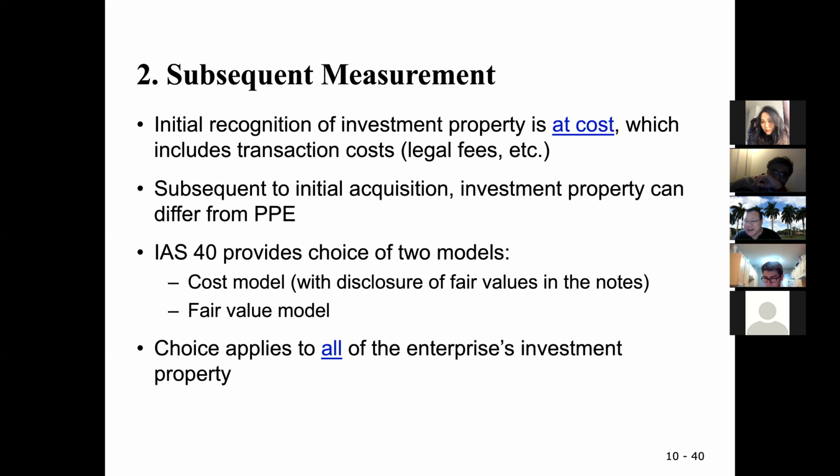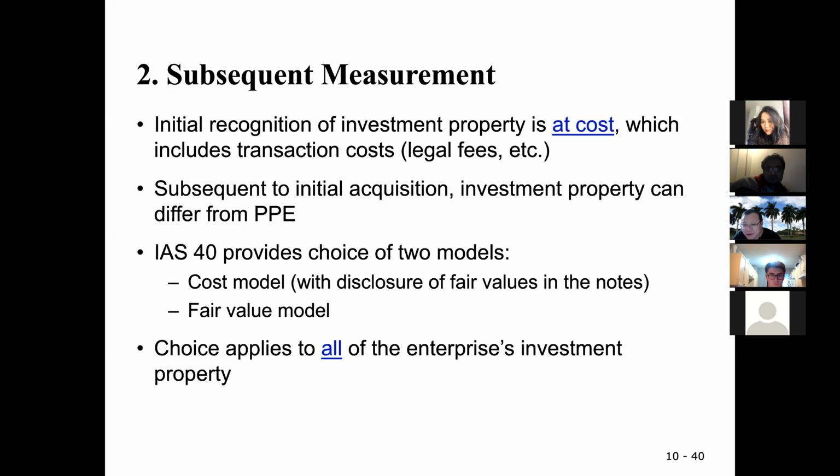What about PPE? What are the two models you can use for PPE? Cost and fair value. You are half correct.